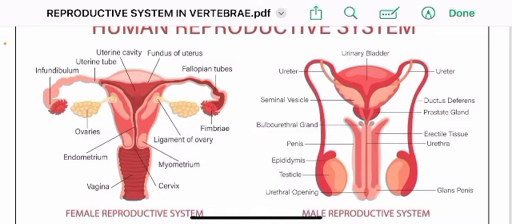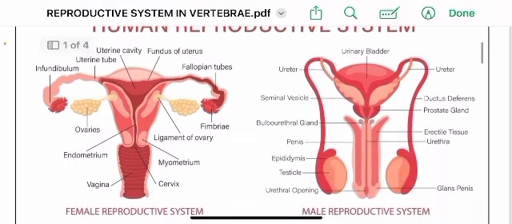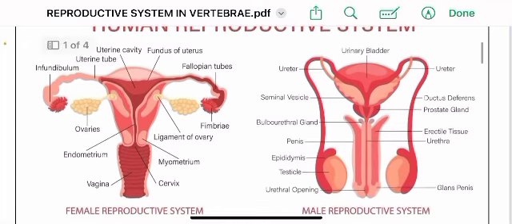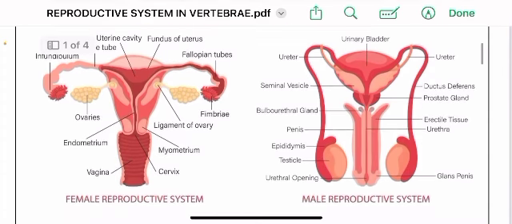And for the male reproductive system, we have the ureter, which is involved in passing out of urine. We have the penis, which is the organ for insertion. We have the testicle.